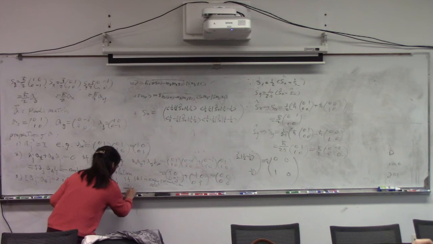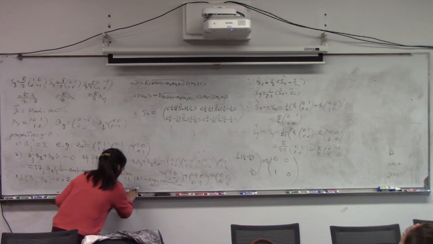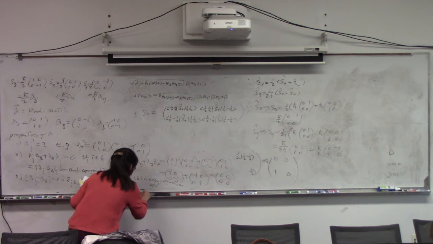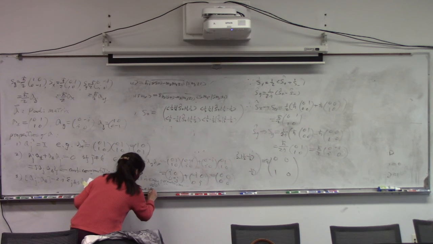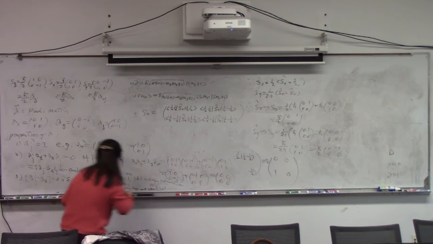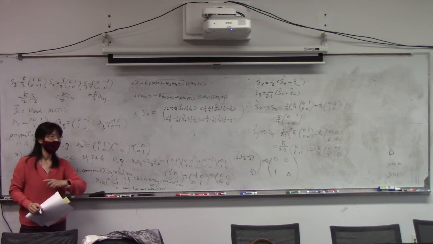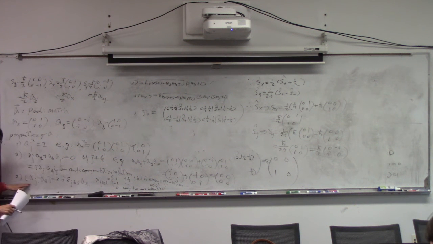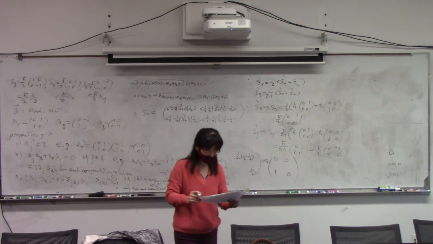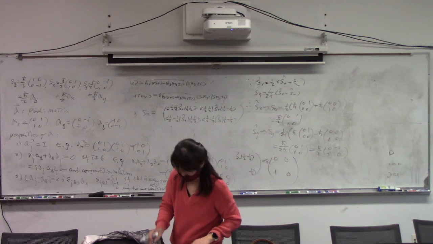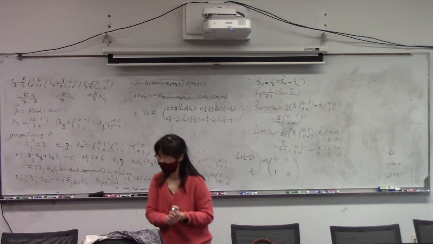If any two are identical, like x, x, y, so j and k are equal, then that is 0, because they commute. I keep it here, and maybe Wednesday we can play a little bit so you have the idea about this.